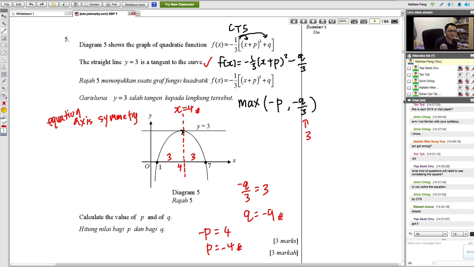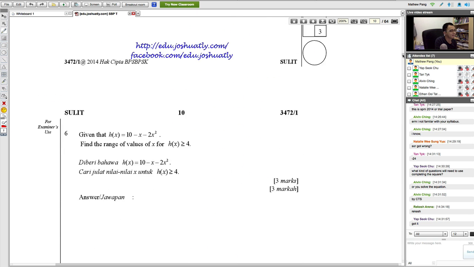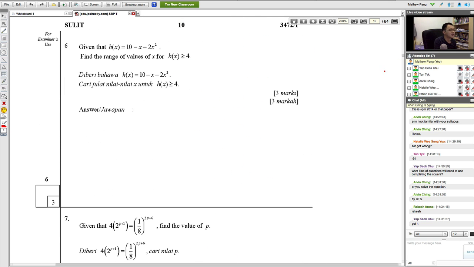Alright, so I'm going to move on to number 6. This one is just an inequality. The question says when h(x) is bigger than or equal to 4, so I will substitute the whole thing over here. This is h(x). So I will have 10 minus x minus 2x squared bigger than or equal to 4. Then I'll move everything to the other side.